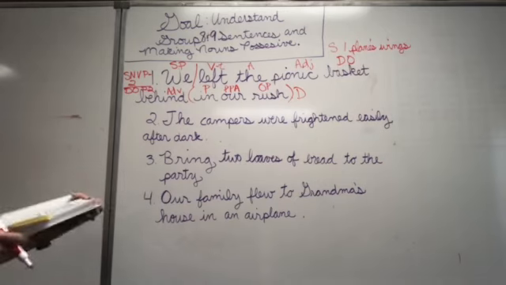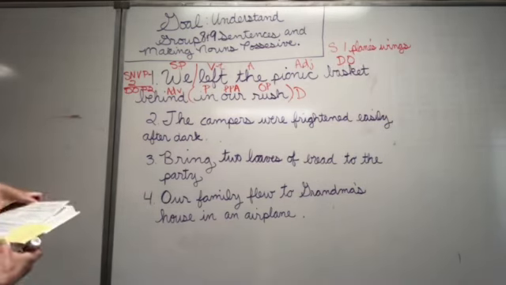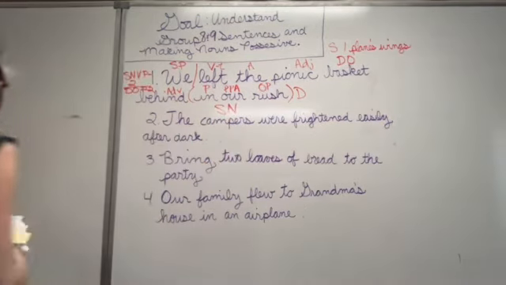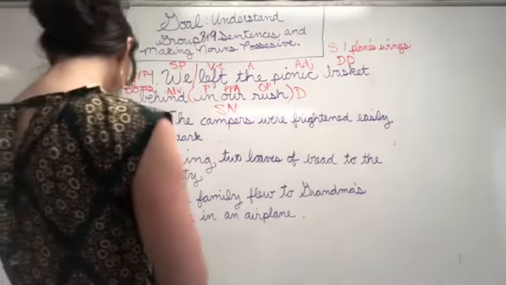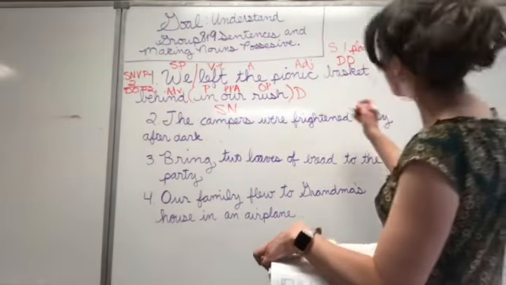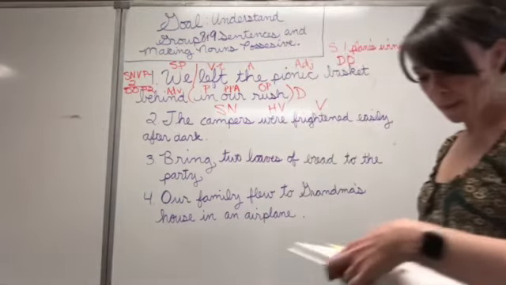The campers were frightened easily after dark. Who was frightened easily after dark? Campers. Subject, noun. What is being said about campers? Campers were frightened. So we put a verb above frightened. Were is our helping verb, HV.